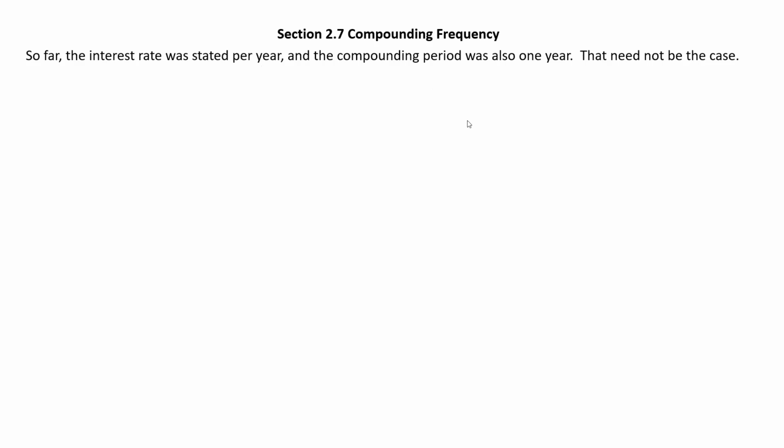It could be 1 month or quarterly. That means every 3 months. Right? There are 4 quarters in a year, and so every 3 months you could have this thing compounded. And how about a minute? Could you compound something per every minute? Yeah. Could you compound every second?